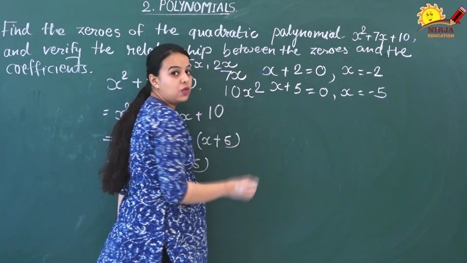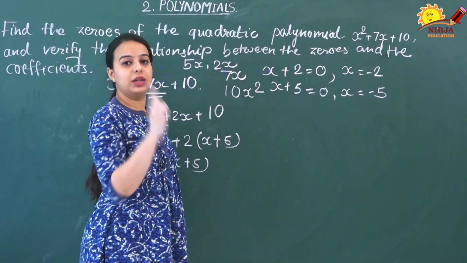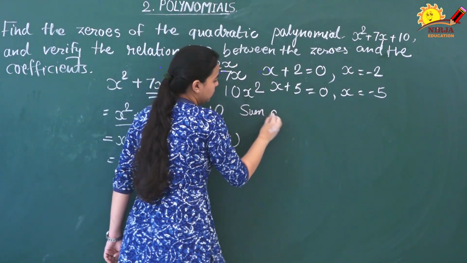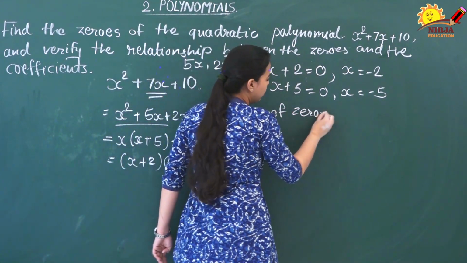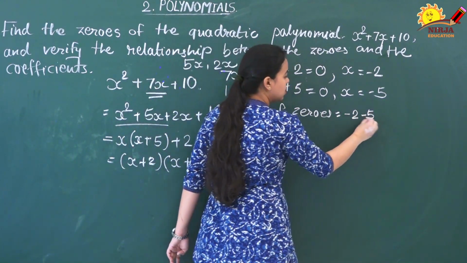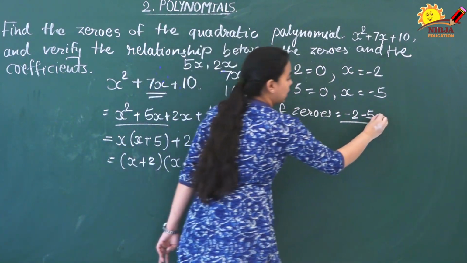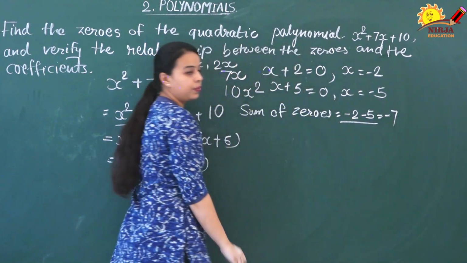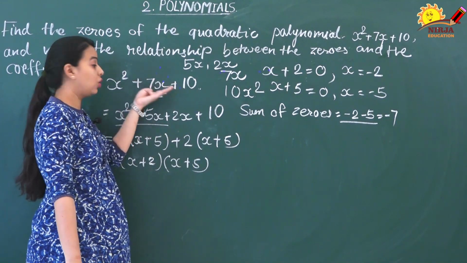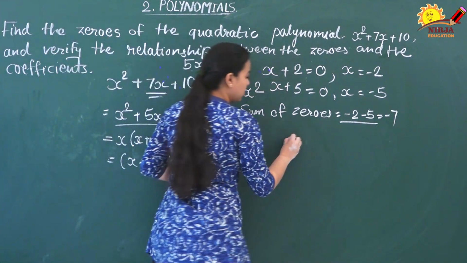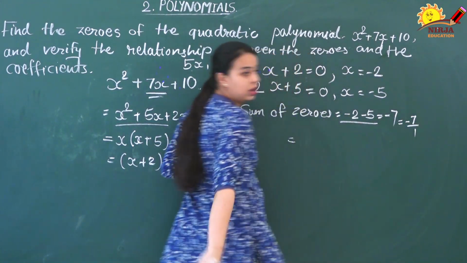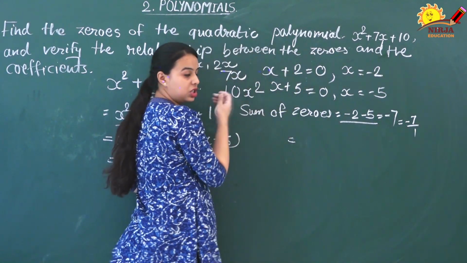Now, as we have seen, we are going to do the sum of zeros. Let's do it. We have two zeros, minus 2 and minus 5, and the sum of these will become minus 7. As you have seen here, 7 is the coefficient of x. Minus 7 you can also write as minus 7 upon 1, and 7 is the coefficient of x.